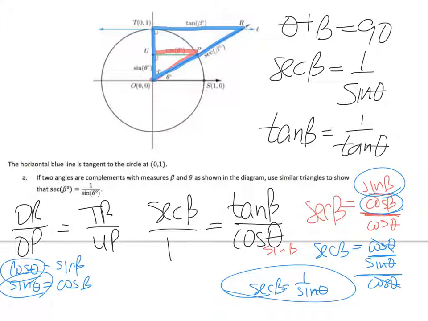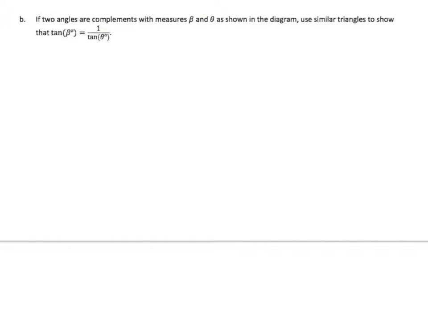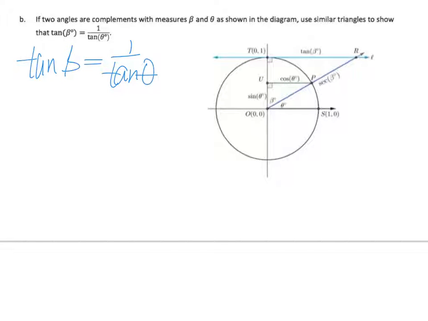Sort of messy. If two angles are complements with measures beta and theta as shown in the diagram, use similar triangles to show that tangent beta equals 1 over tangent theta. So let me get that diagram over here again. Here we're going to look at triangles OPU and ORT.